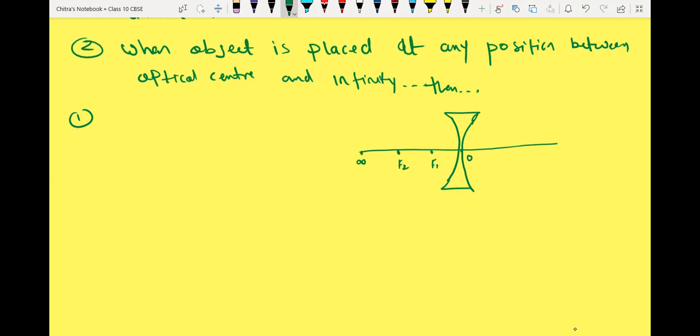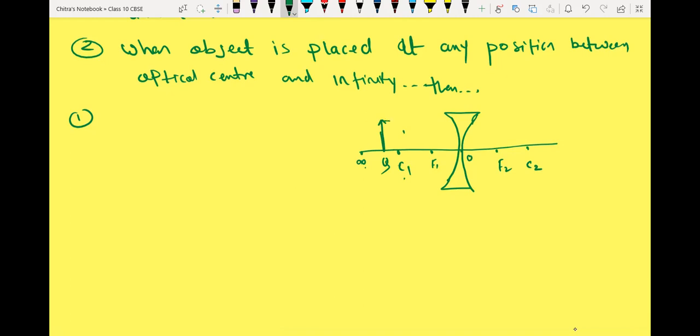Here, no, it is not F2, it is C1, and it is considered as 2F1. Now here we have F2. There is no need for C1 or F1, it can be any point, but we write them because those are the points of the principal axis. Suppose we take any distance, I am taking over here, and let this point be Q. You can take any point Q between infinity and the optical center.